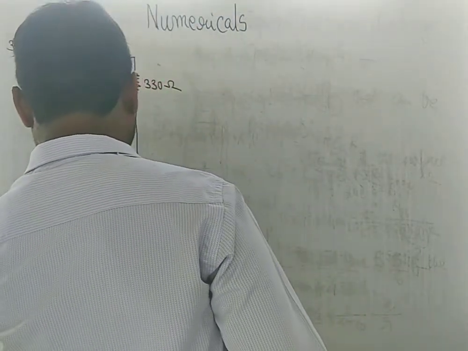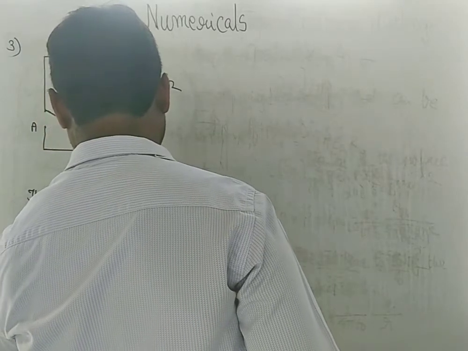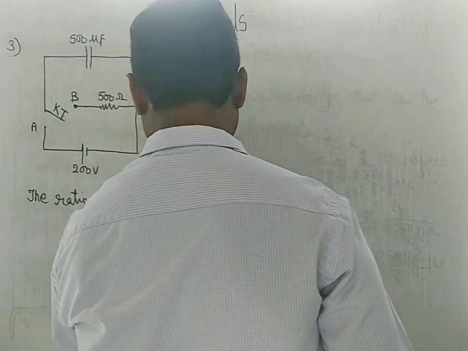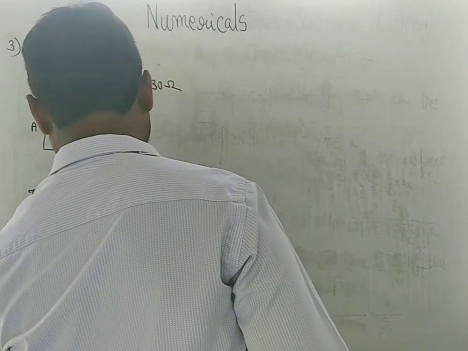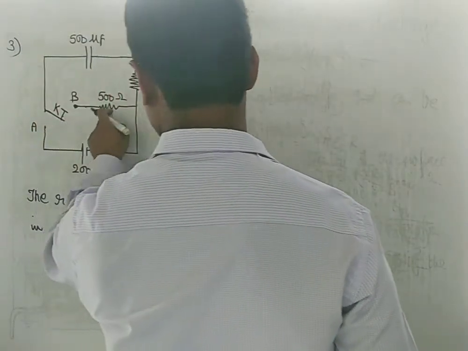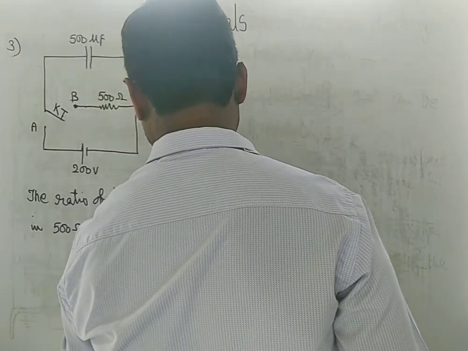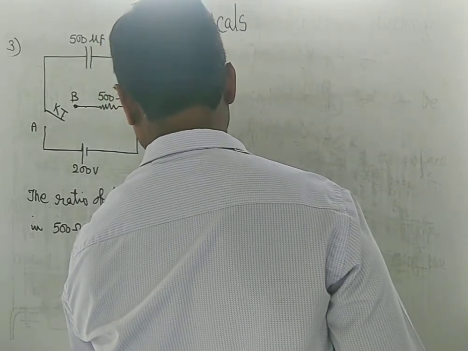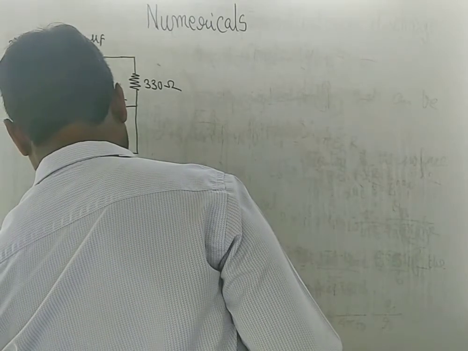So the ratio of heats produced in the 500 ohm resistor and the 330 ohm resistor will be how much? The ratio of the resistors itself.